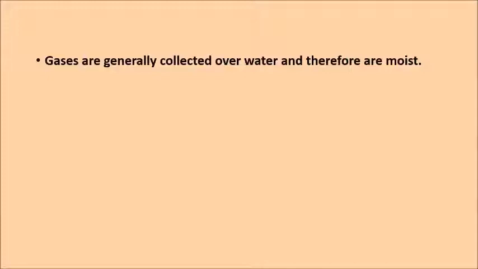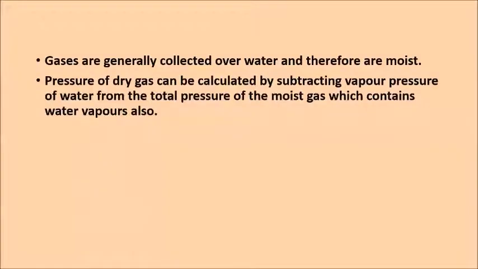Some gases, as we usually say, are collected over water, and that's why they are moist in nature. Pressure of dry gas can be calculated by subtracting the vapor pressure of water from the total pressure of the moist gas, which contains water vapor also.